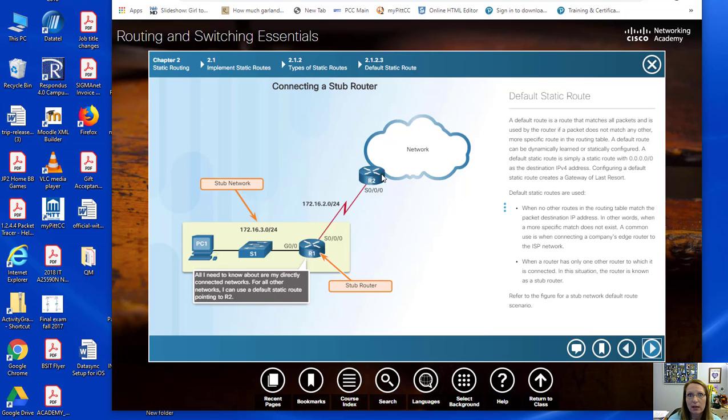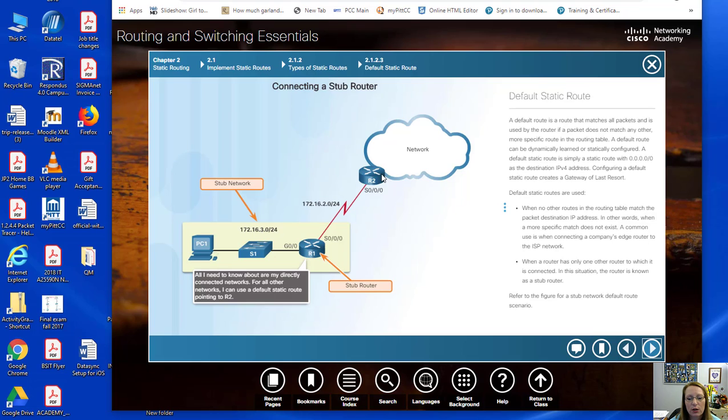But more than likely, if you have this pointed off to an ISP, the ISP can get it where it needs to go, so that's not dropping the packet. And you'll see that often listed as a gateway of last resort if you're looking at your routing table. All of these will be listed with an S, but your default static route will be a gateway of last resort. This is configured a little bit differently.